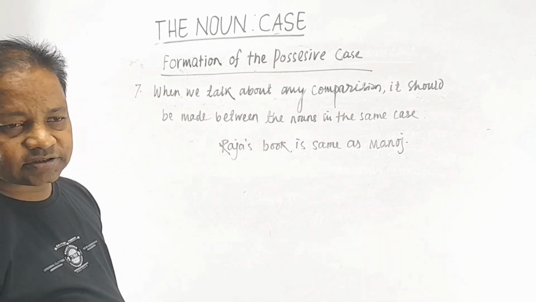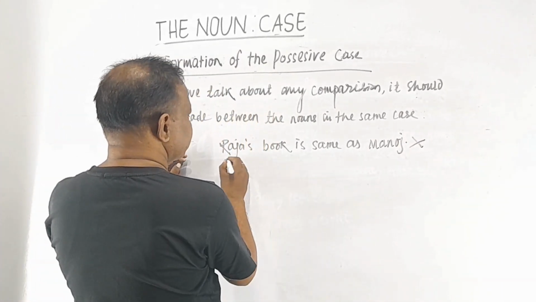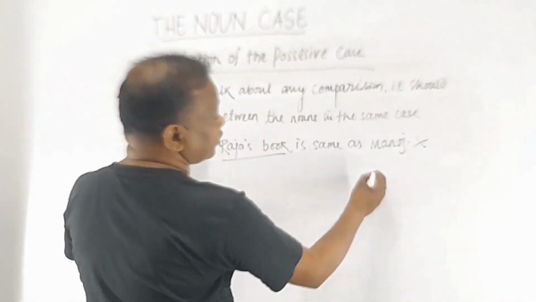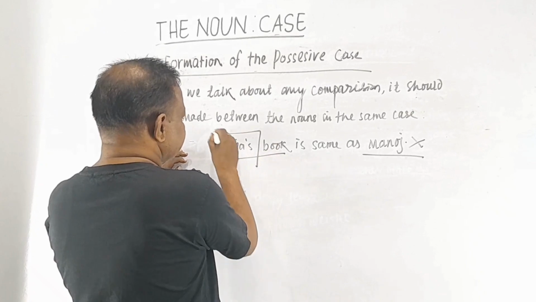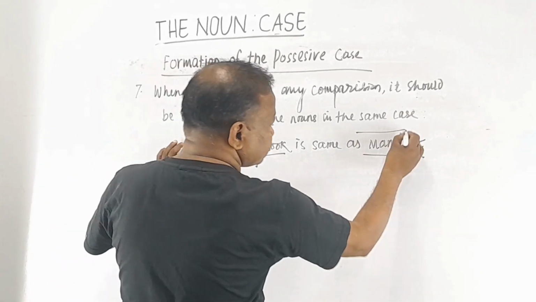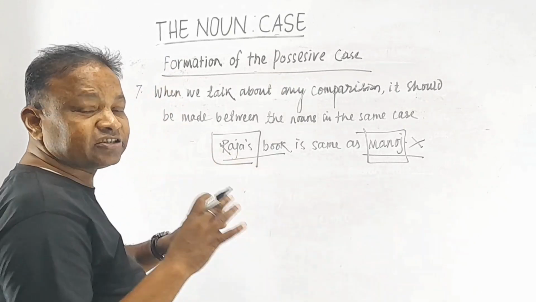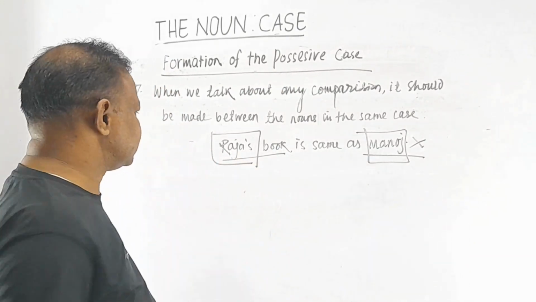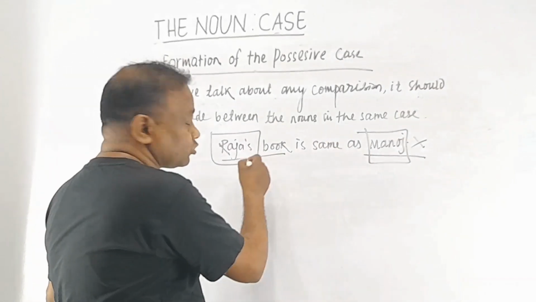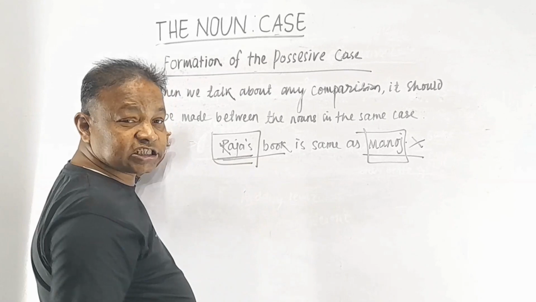This sentence is incorrect because here we compare Raja's book with what? Manoj's book. Here Raja's, this one is the possessive form, but here Manoj is in the nominative case. Because when we compare two nouns, both nouns should be in the same case. The second noun should follow the first one. Because Raja's, this one is in the possessive case.